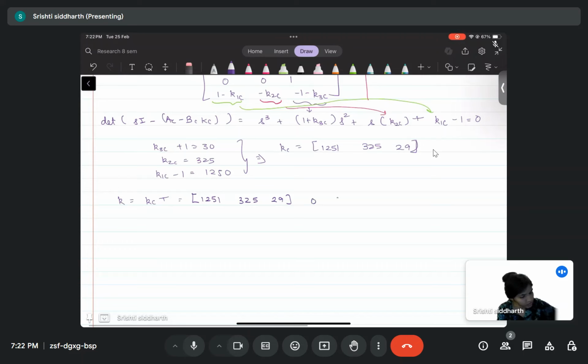T is 0 minus 1, 2 by 3, 1, 0 minus 1 by 3, 0, 0, and 1 by 3. So you can compute this and find out the K for A minus BK.